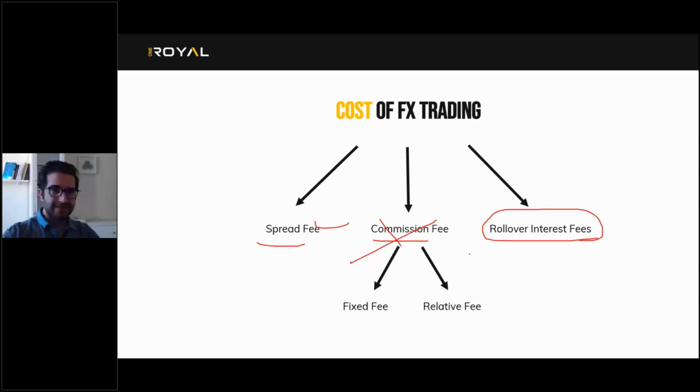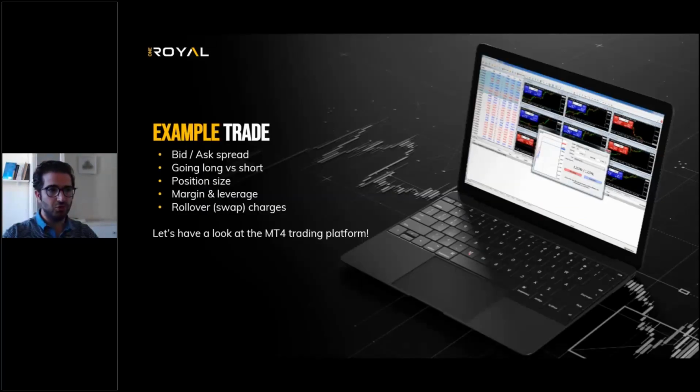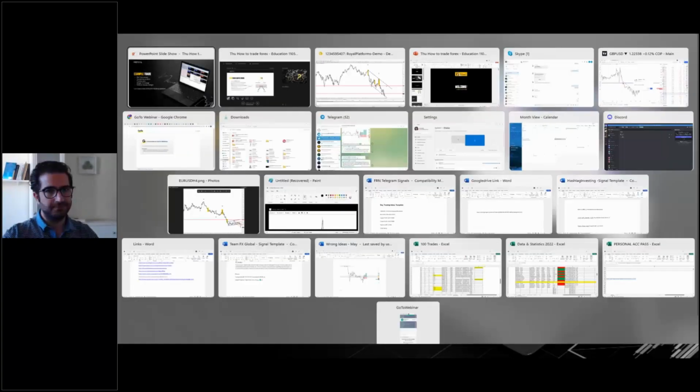Now I will go to an example on MT4 to show you how to open a trade and give you a real example.